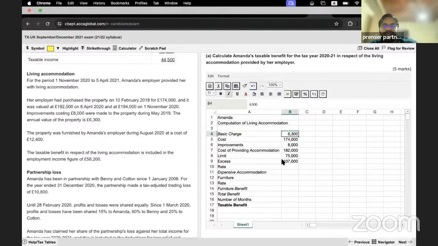No. So in living accommodation, we have three aspects: basic charge, additional charge or the expensive accommodation, and ancillary expenses. So basic charge would be 6,300. We keep it aside. Now we are calculating the additional charge or the expensive accommodation. So it starts with the cost.